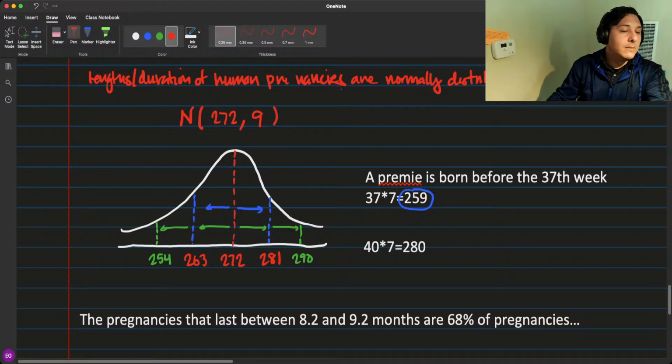Then we can go one more for 3 standard deviations. 254 minus 9 is 245. 290 plus 9 is 299.